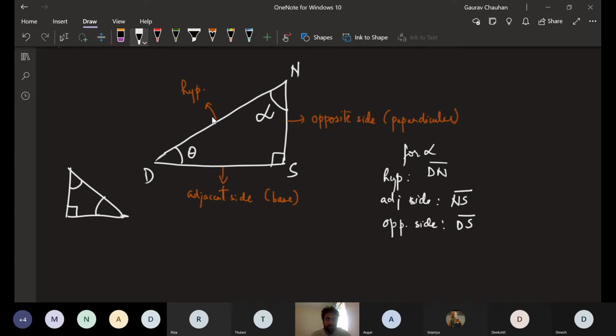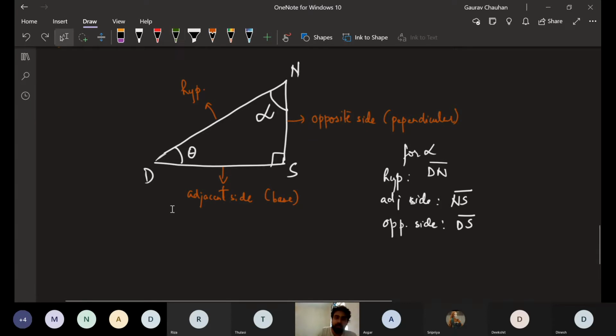For both of these acute angles, we have a different adjacent side and a different opposite side depending on which angle we take. This language we need for what we are going into now.